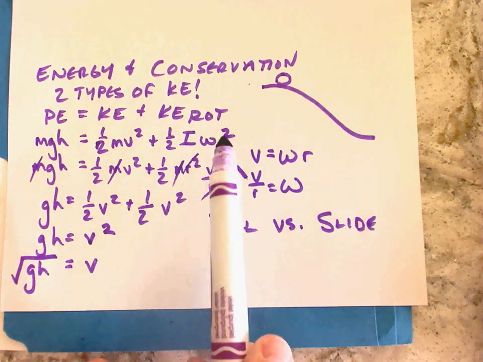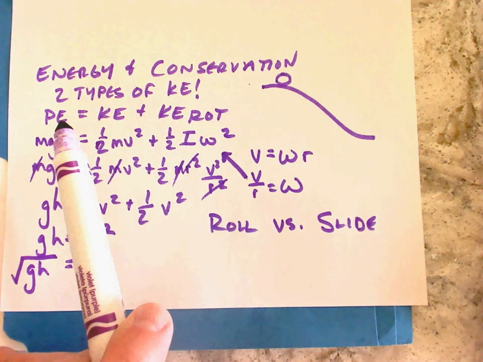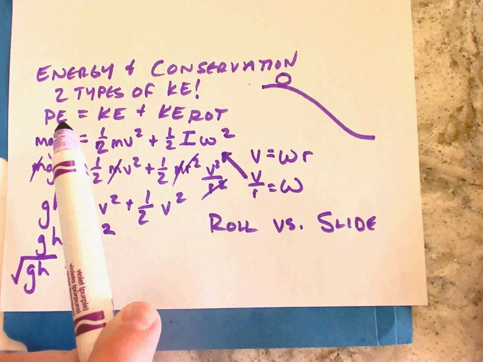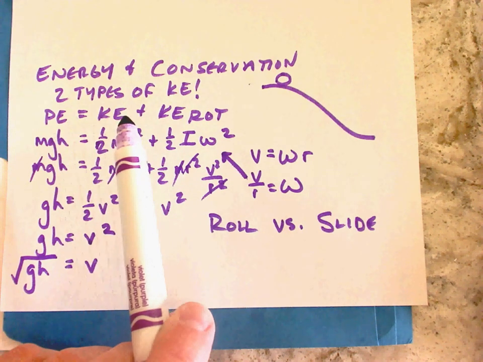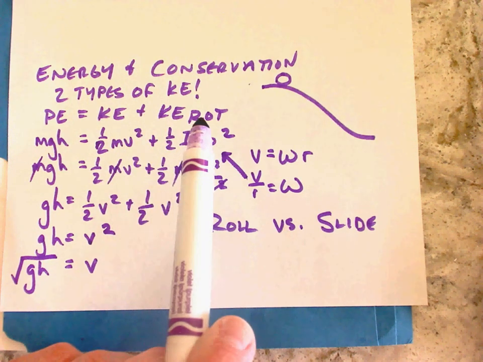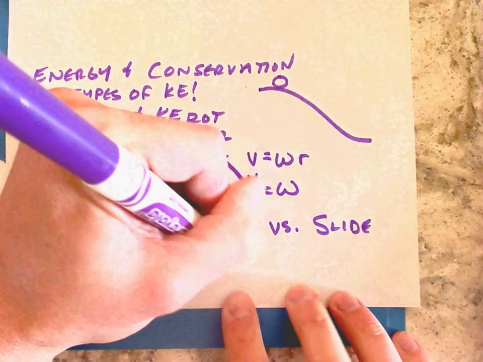So basically all of the potential energy gets converted just into this versus if you have rotation, then this potential energy that you have stored gets split between some of these, and that affects the overall velocity and the amount of time that it takes to get down here to the bottom. So I'll just put something simple here. Slide wins.